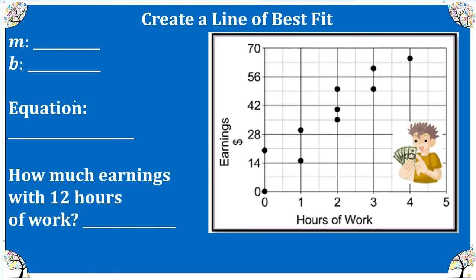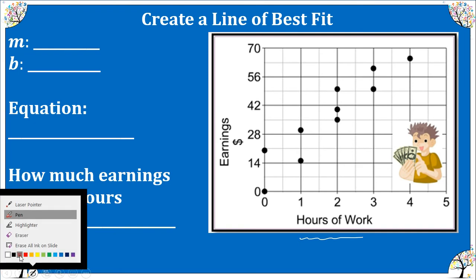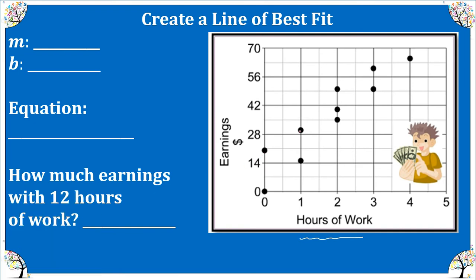Okay, in this example, we see that we have a positive trend. So this time, the more hours that you work, the more earnings that you get. So let's pencil in a line of best fit. Again, you just want your line to be kind of in between all of these. These are going up by 7.